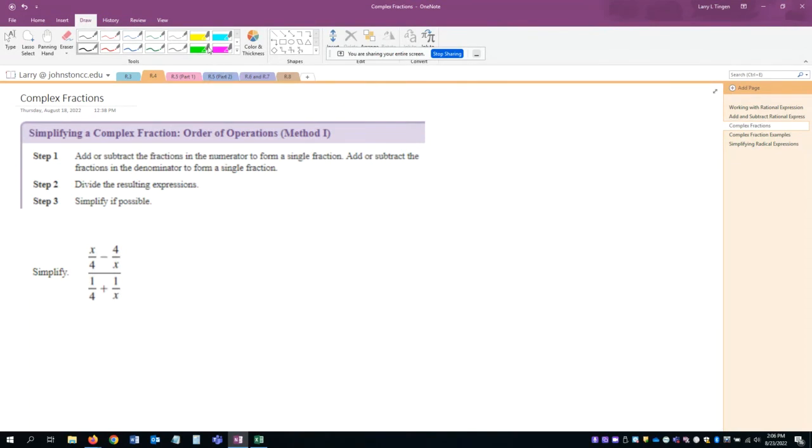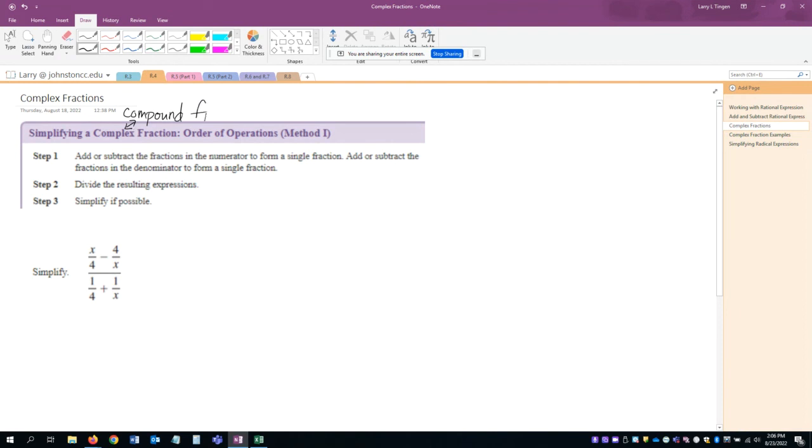Yes, so what I was saying, complex fractions. Complex seems to indicate that complex numbers are involved, but they're not. Complex fractions are also called compound fractions. What they mean is I have a fraction in the numerator, the denominator, or both.